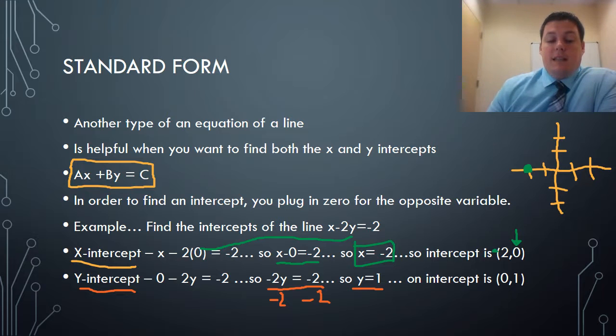And again, since it's a y-intercept, that means the x value is 0 and our y value is 1. So we're going to plot the point 0, 1. Now we have 2 points on our graph. We can draw a line. So that's how we would use the standard form most often.